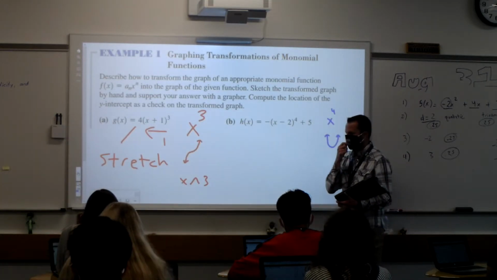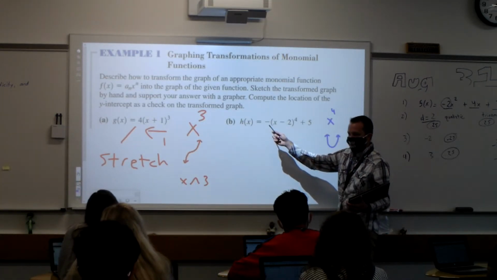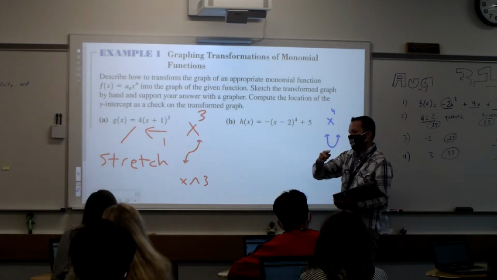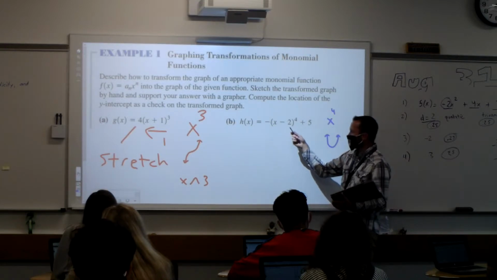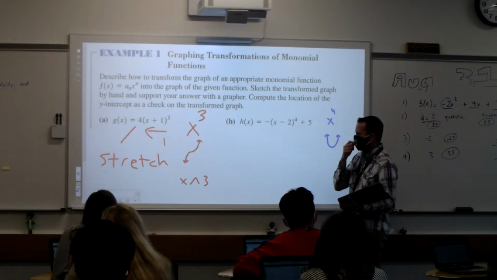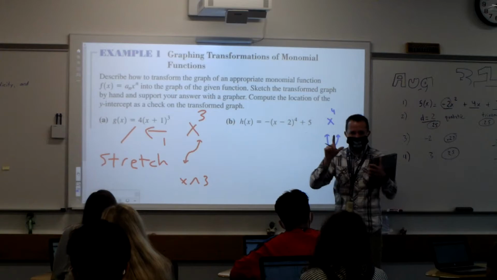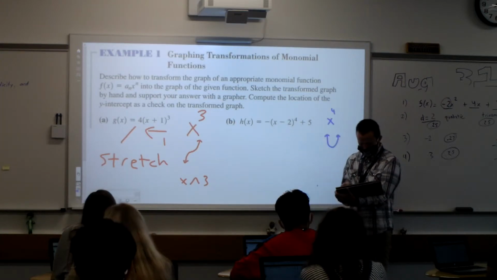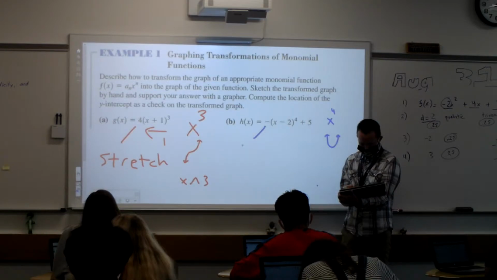What are they going to do when we graph it? What would a negative do to it? Not this way. Nope, not that. Well, we are going to see that, but it's not because of the negative. If I have a negative x squared, what does it do to my U? It's going to flip it. So that negative is actually going to flip it over the x-axis.